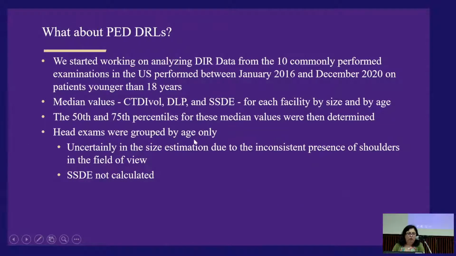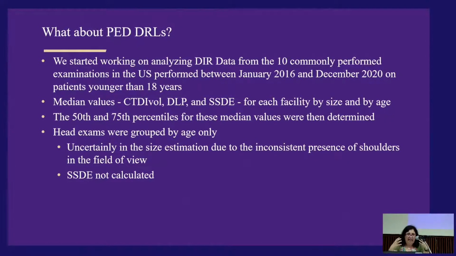Head exams were grouped only by age, unlike the adult. The reason was when we started looking at the data for the children, the head in the algorithms, shoulders were in the way because they're children. So the analysis was not working out very well in terms of function of size.